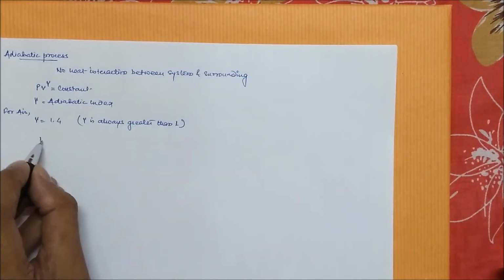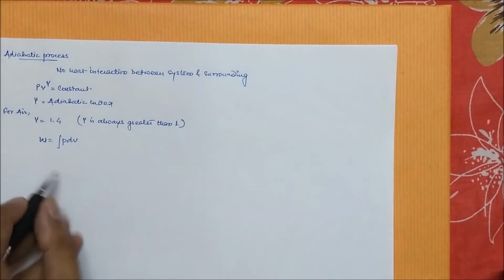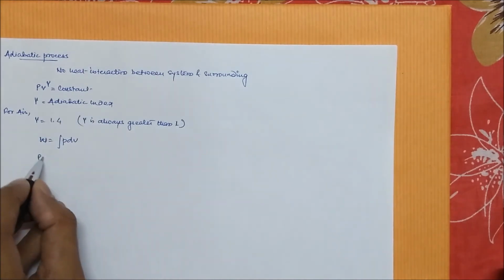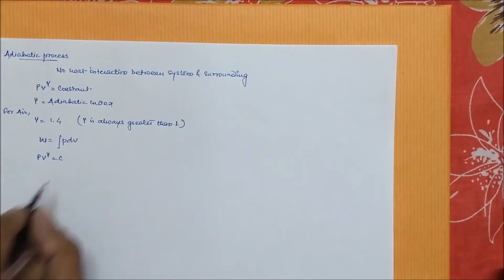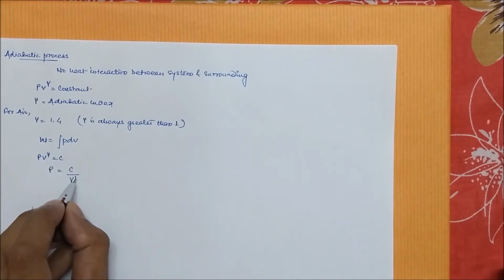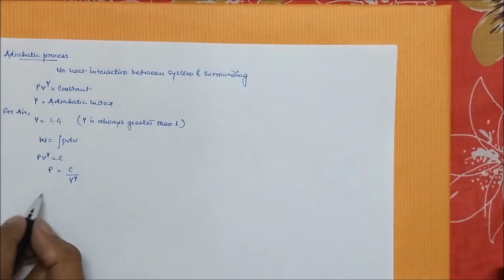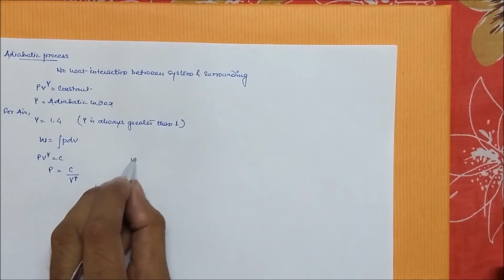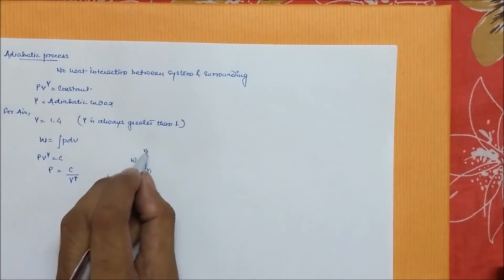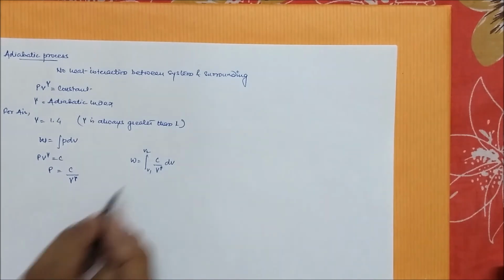Again we have the formula, W is equal to integral PdV. But from PV to the power gamma is constant, we have P is equal to C by V to the power gamma, right? So the work done formula will change to integral of C by V to the power gamma dV.